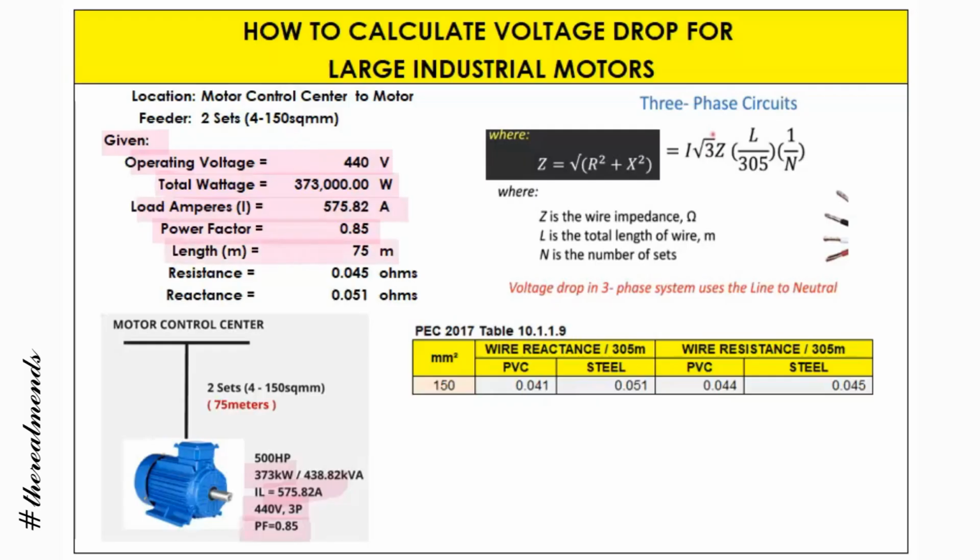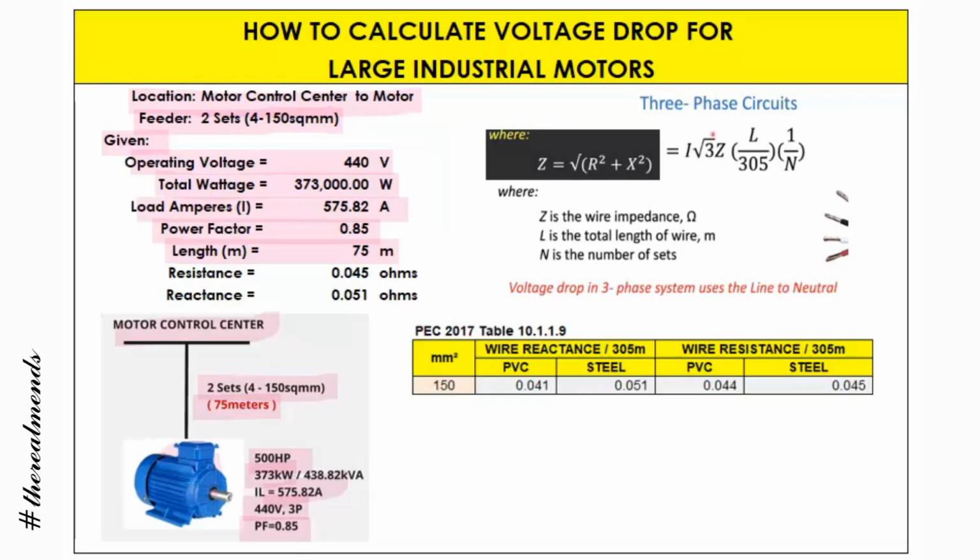Yung length, which is 55 meters, given na din. Yung location is from motor control center, and then to our induction motor na 500 HP. And then yung feeder natin is 2 sets of 4 by 150 square mm. So dalawang sets na 4 na 150 square mm.